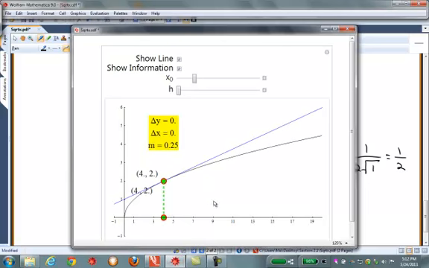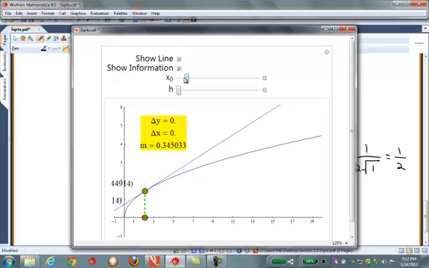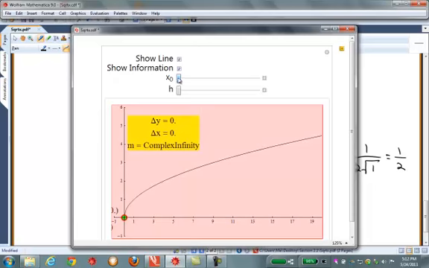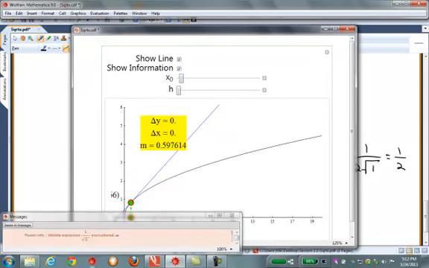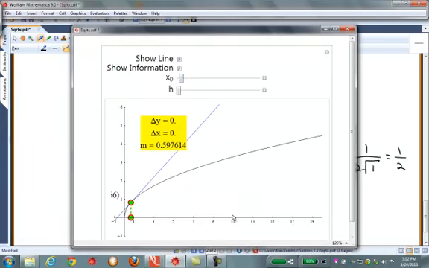Now here's one of the issues with x0 being 0. Notice what's happening to that tangent line. By the way, Mathematica gives me a little bit of an error here. But the tangent line becomes vertical. Now, when the tangent line becomes vertical, it doesn't have a slope.